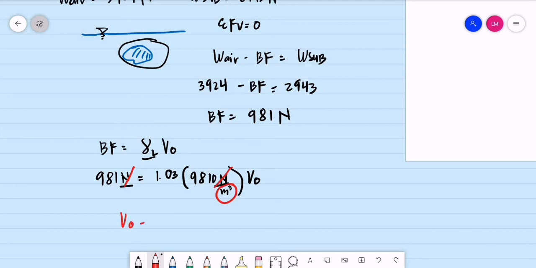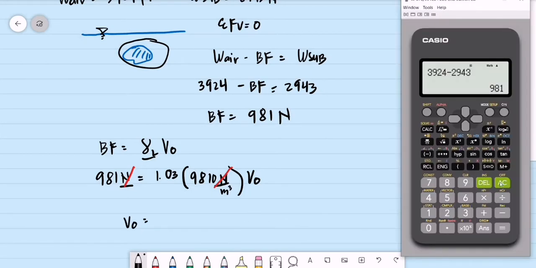So what will be the volume of the object? That is equal to 981 divided by 1.03 of 9,810 newtons per cubic meter.